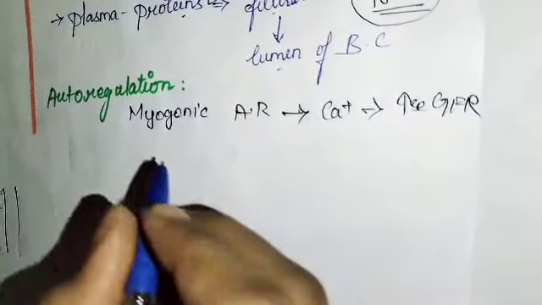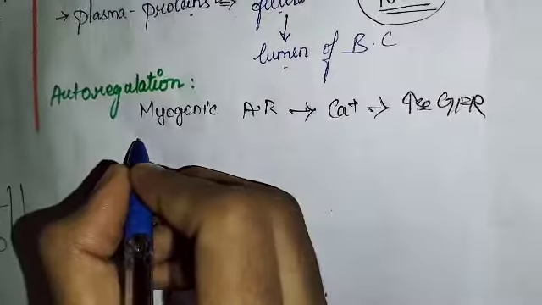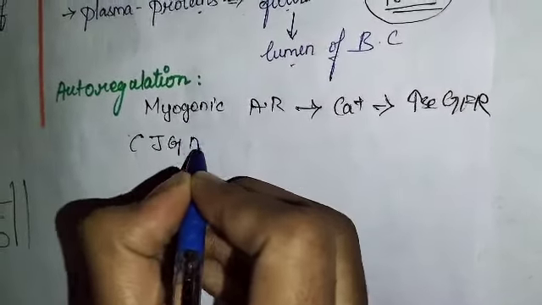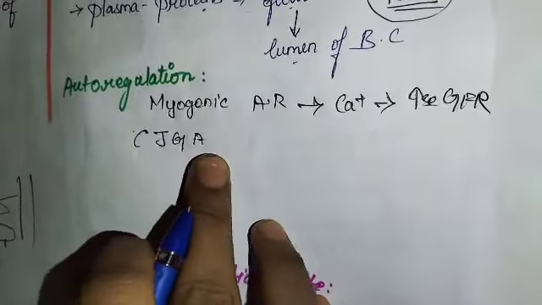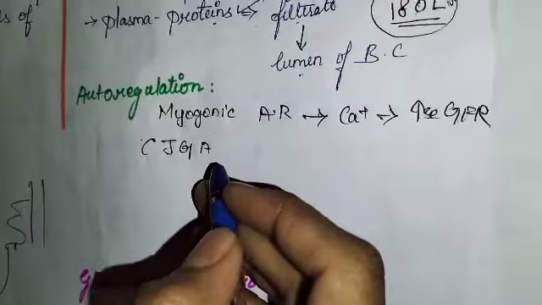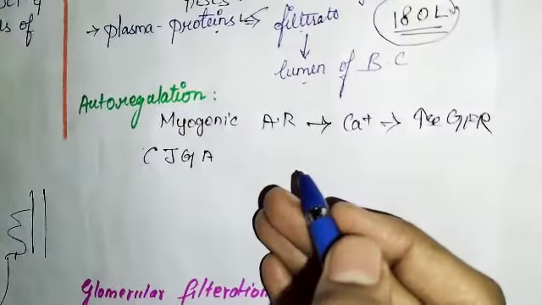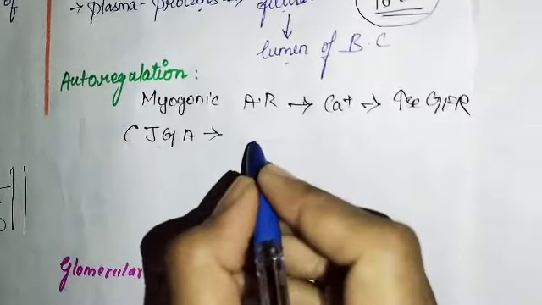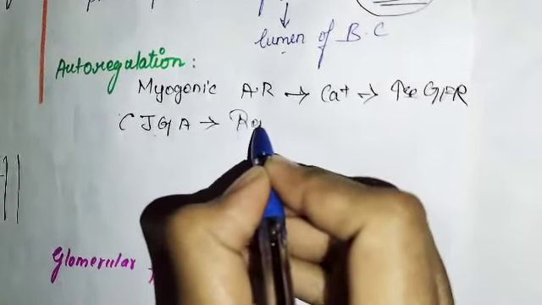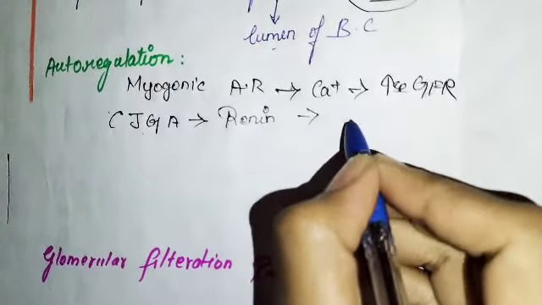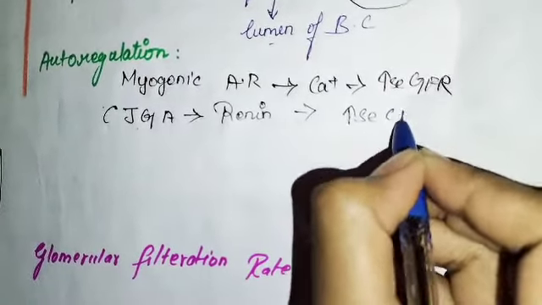Okay, the second one is the juxtaglomerular apparatus. We have seen this in our previous video, the RAS mechanism, renin angiotensin aldosterone system. So this juxtaglomerular apparatus produces renin, and this maintains the GFR, that is, it also increases the GFR.